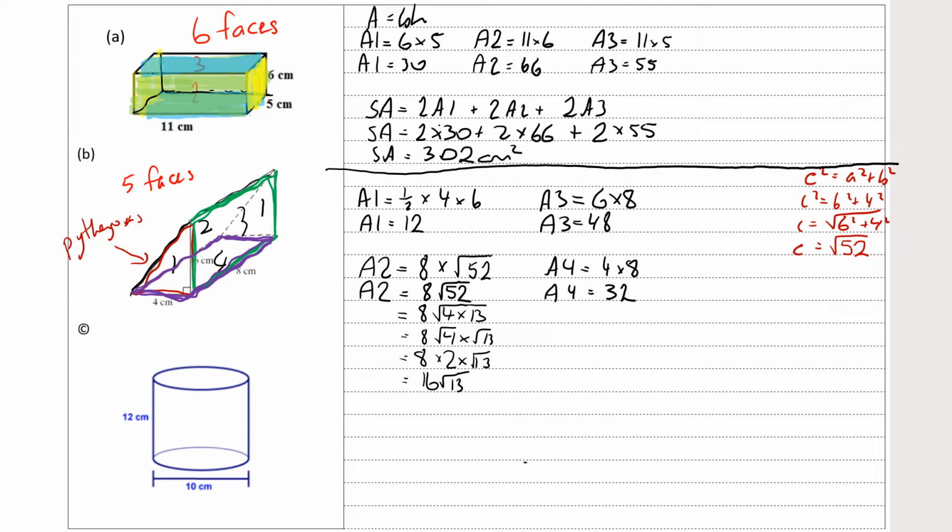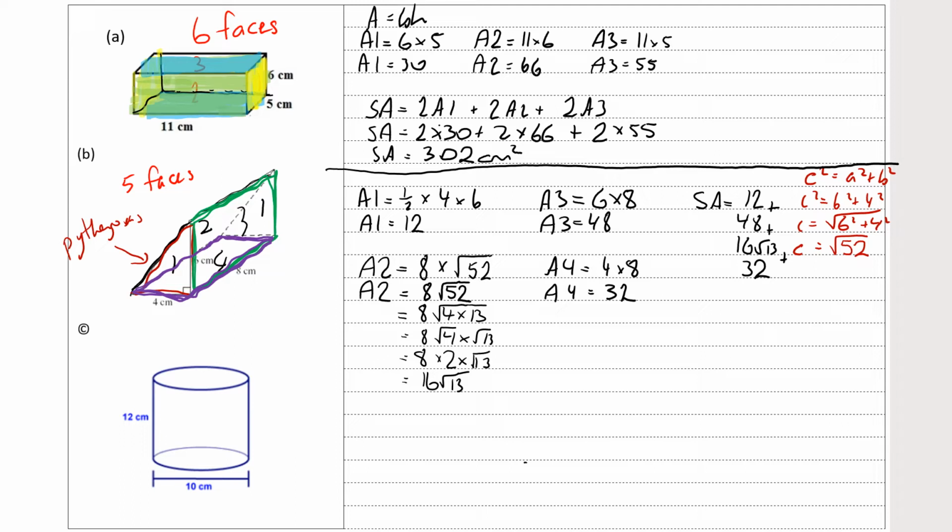So now to find the surface area of the total everything, we need to add it all together. So surface area equals, I'm just going to add down so I don't run out of space. 12 plus 48 plus 16 root 13 plus 32. Now, because we've got a root 13 in there, let's just put it in the calculator.